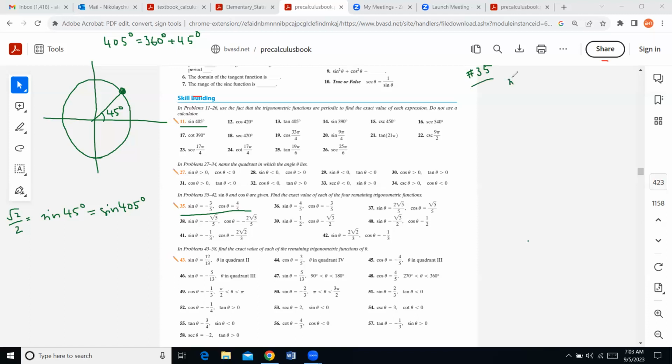They say that sine is negative 3/5 and cosine is positive 4/5. I just want to recall the definitions of tangent, cotangent, and so forth. Tangent theta is sine over cosine, right? And the others are reciprocals, which means that cotangent is going to be the reciprocal of tangent.